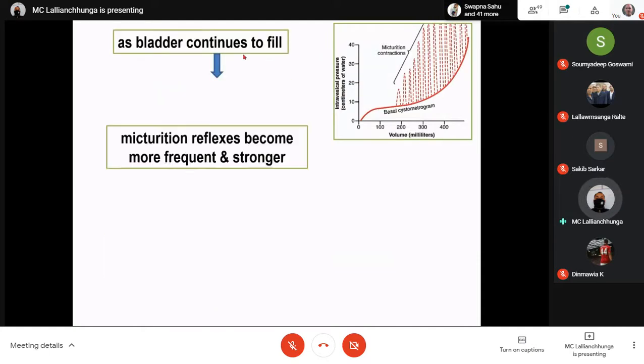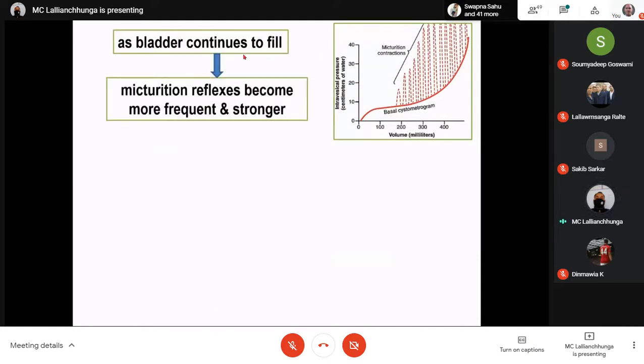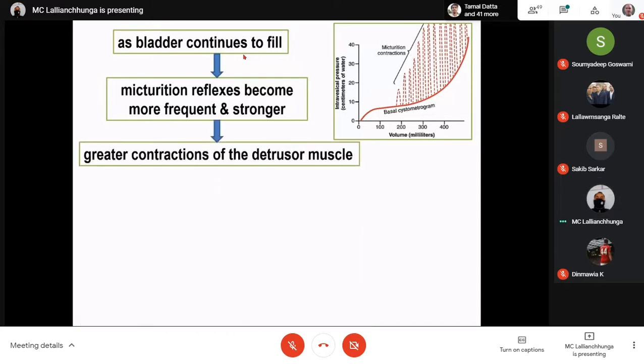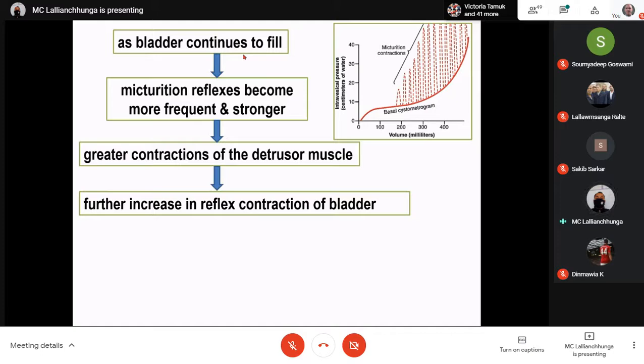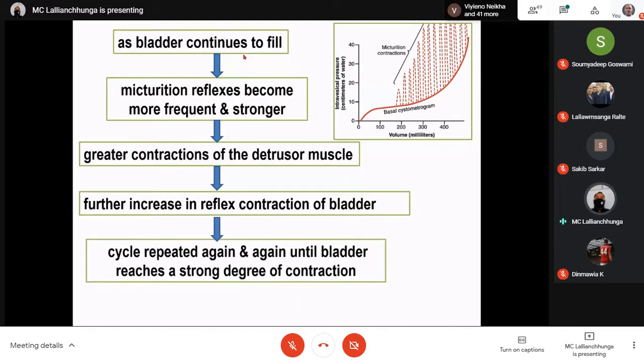As the bladder fills, micturition reflexes become more frequent and stronger, with greater contraction of the detrusor muscle. Okay, so the contraction of the bladder muscle keeps on increasing, the intensity will be more and more, with further increase in reflex contraction of the bladder. Okay, the cycle is repeated again and again until the bladder reaches a strong degree of contraction.